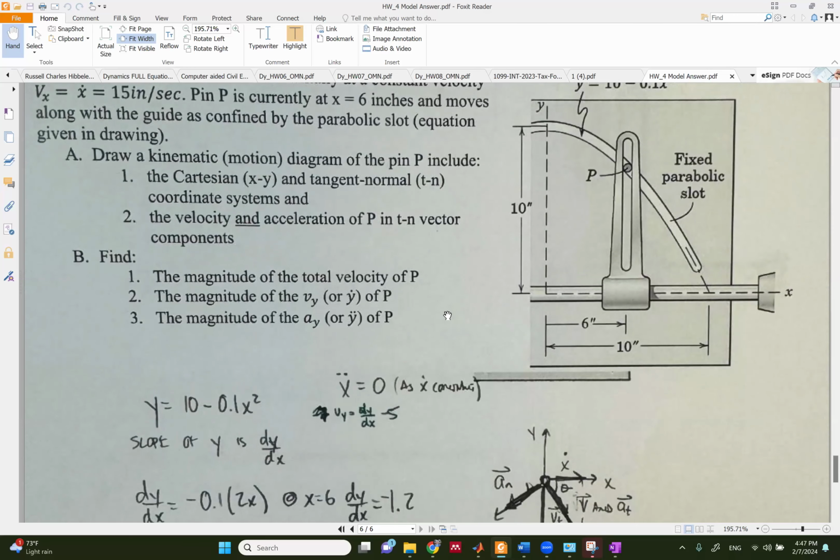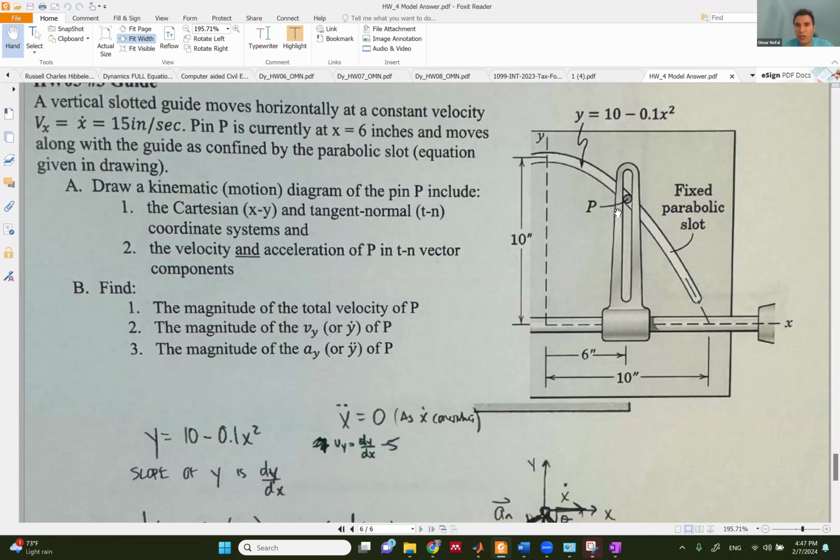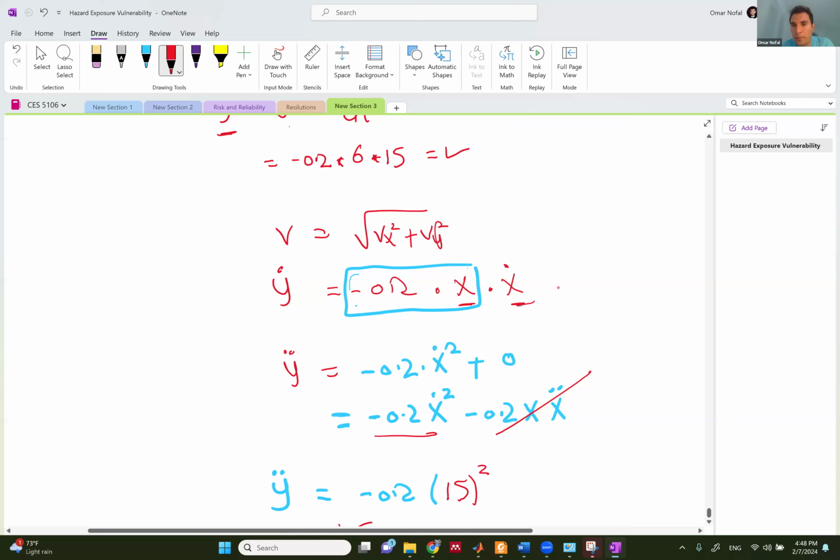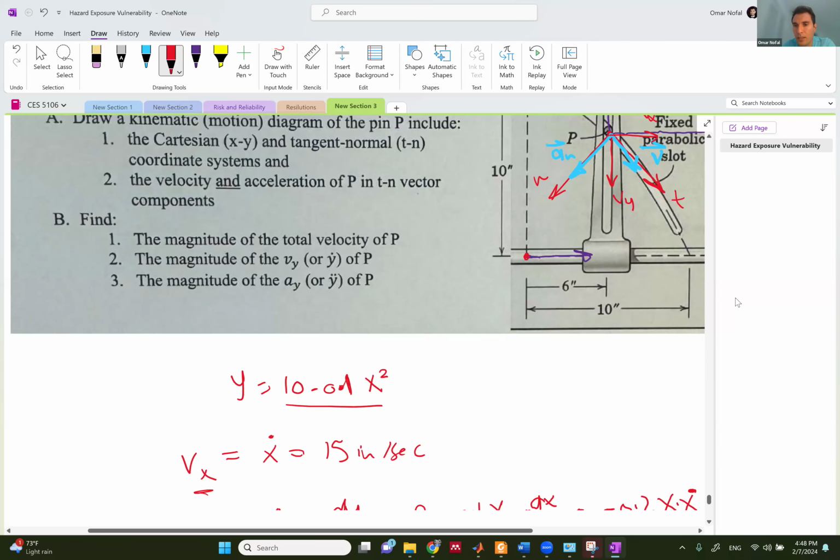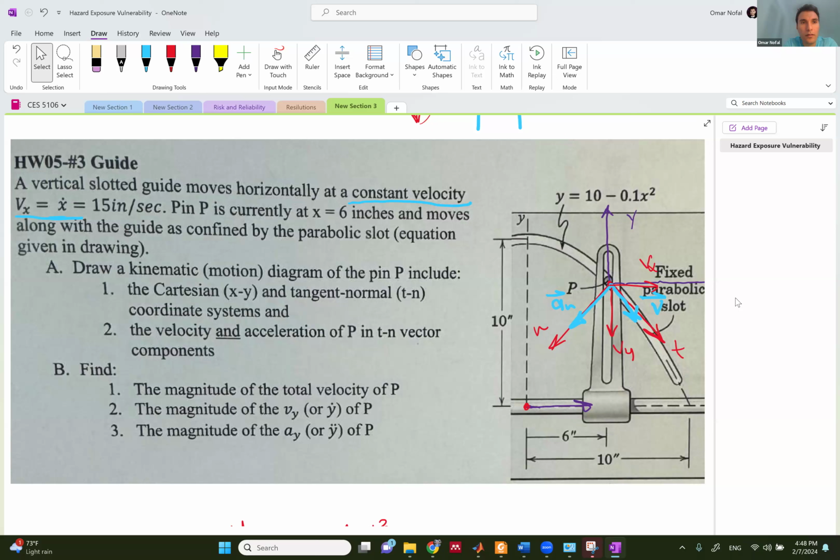Go ahead. But just one second, I just want to wrap up. Look at this question, this is the point. Right away, as I did in the problem, I get the x, get the y, put the tangent and the normal, and I identified how my coordinate system looked.